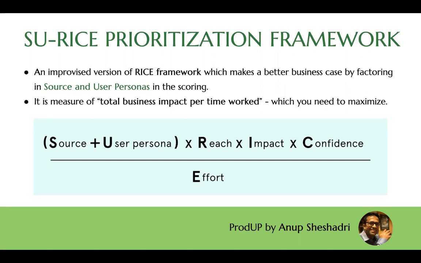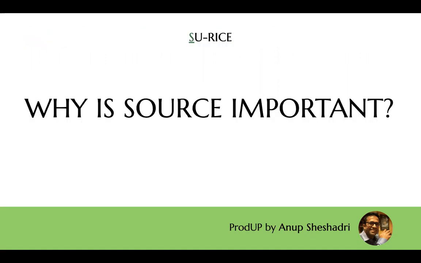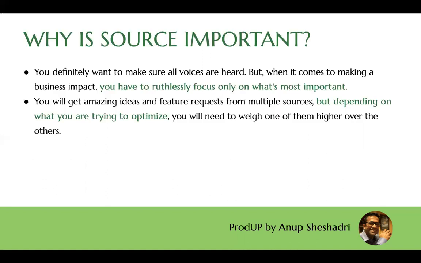Now, before we get into the formula and the calculations, I would first like to highlight why source is important. As a product manager, you will definitely want to make sure all the voices are heard.